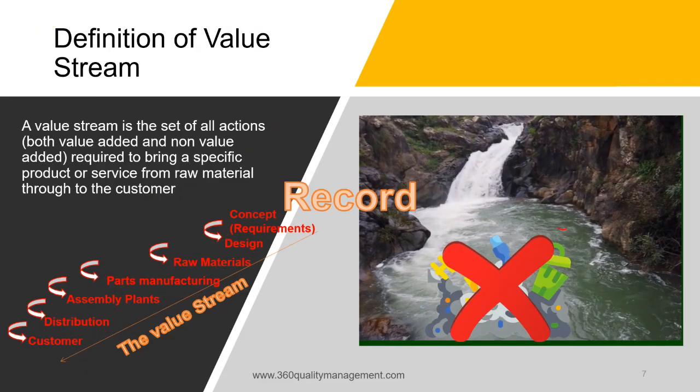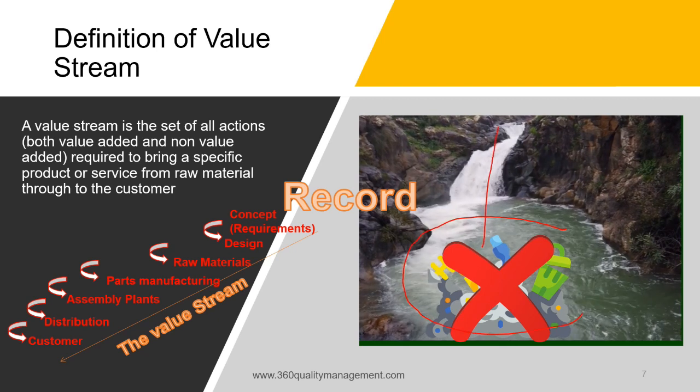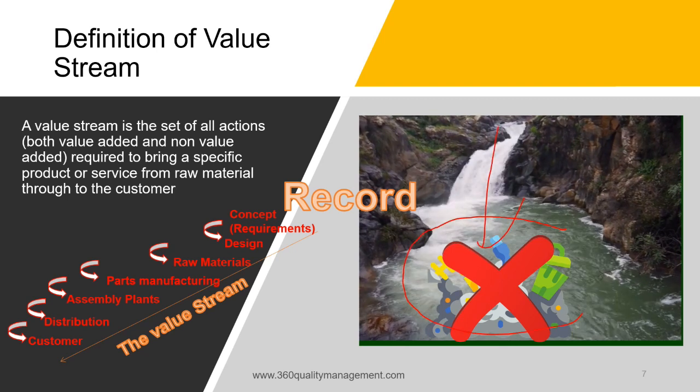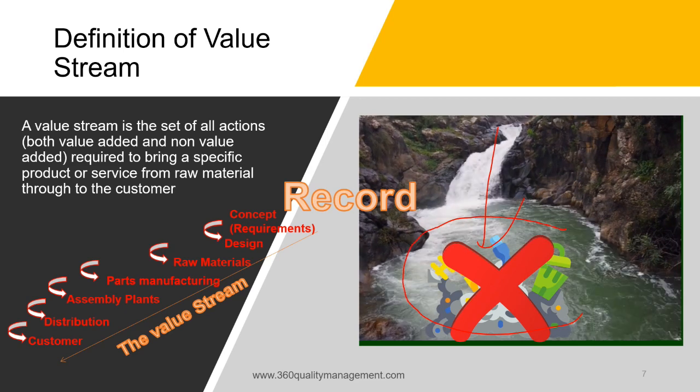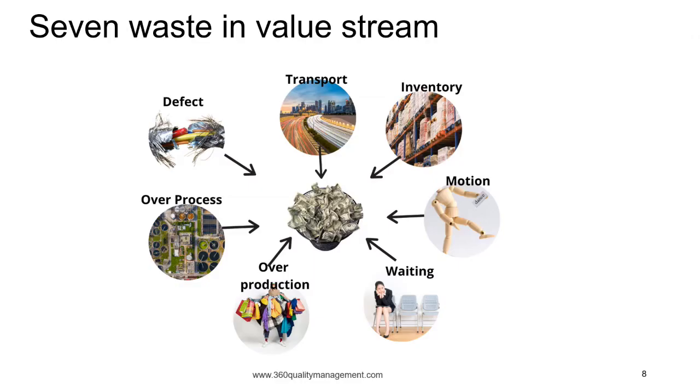Waste will hinder the flow of the value stream and impact productivity and efficiency. After we know that wastes exist during product transformation, it is now time for us to identify the waste in the value stream in order for us to manage or eliminate them in the future.